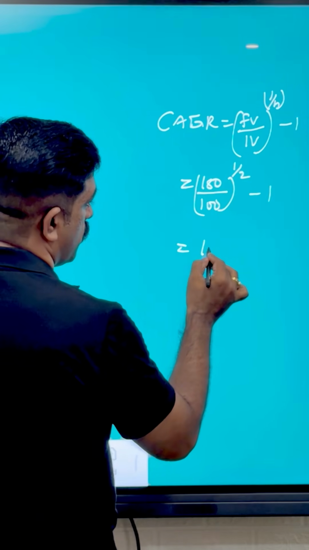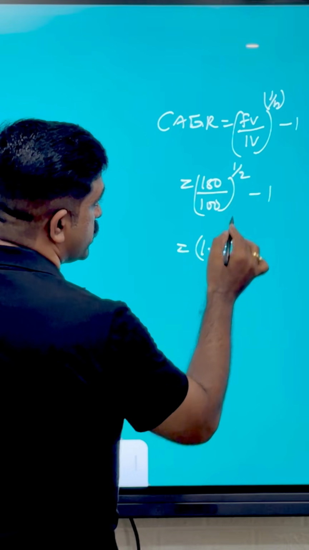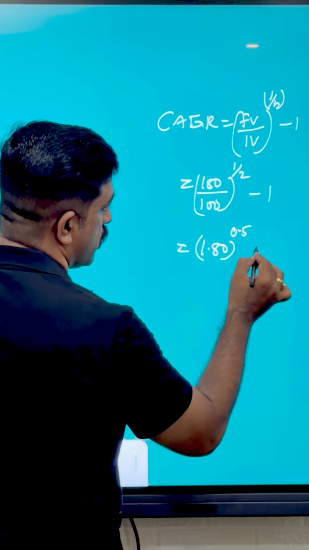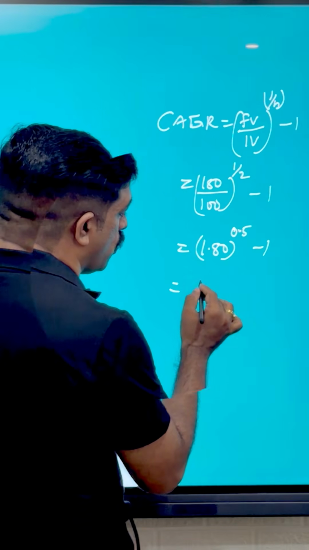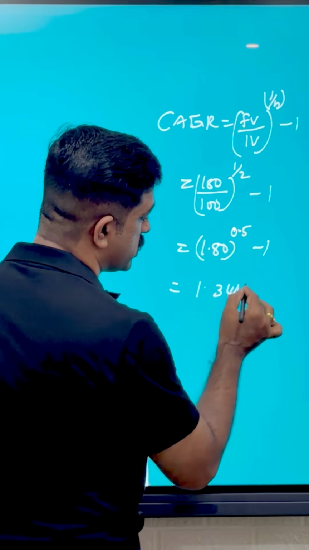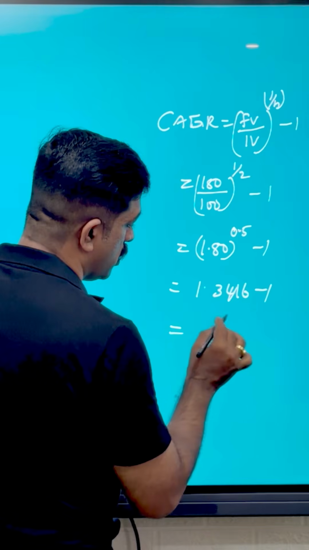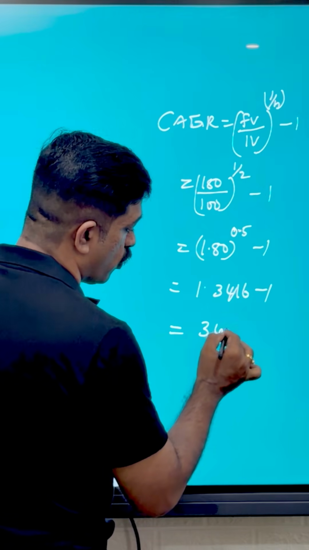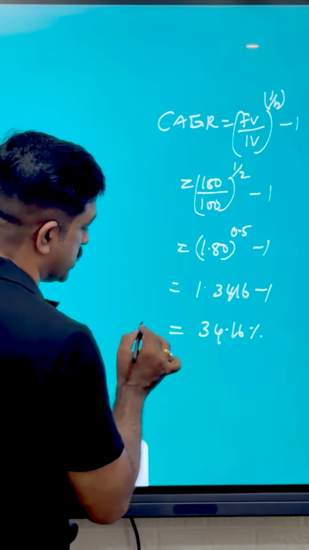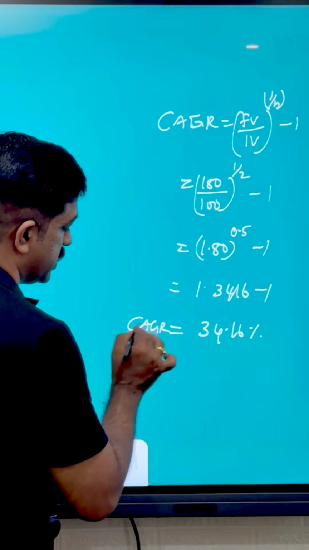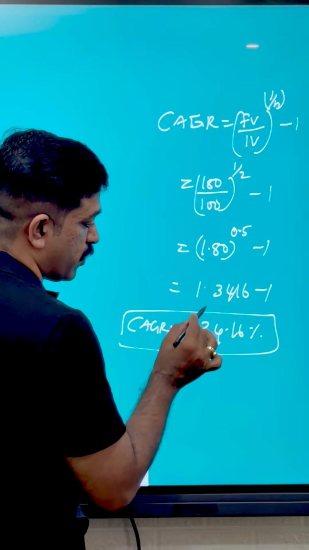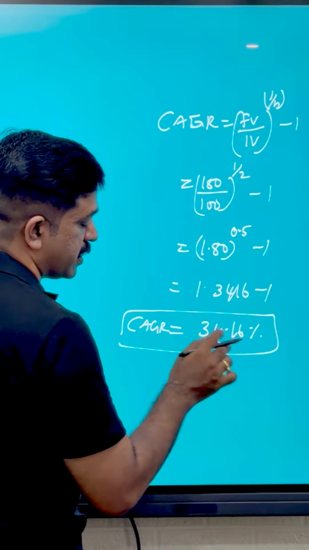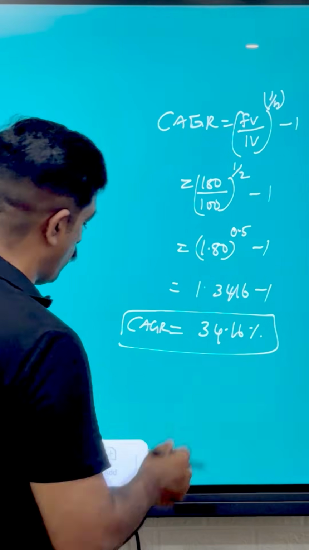So it is actually 1.80 raised to the power 0.5 minus 1. And if you calculate this, it will be like 1.3416 minus 1. So we are getting the picture. 34.16% is the CAGR. That is, if this investment is growing at the rate of 34.16%, then over a period of 2 years, it will become 180.